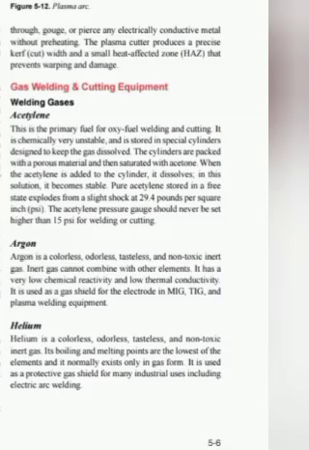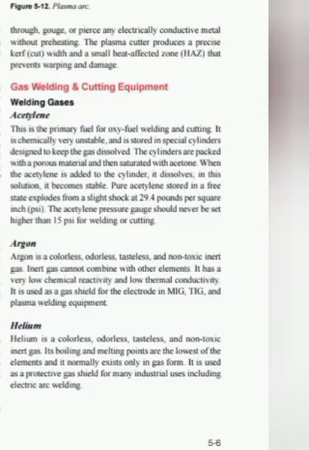Gas welding and cutting equipment. Welding gases. Acetylene. This is the primary fuel for oxy-fuel welding and cutting. It is chemically very unstable and is stored in special cylinders designed to keep the gas dissolved.